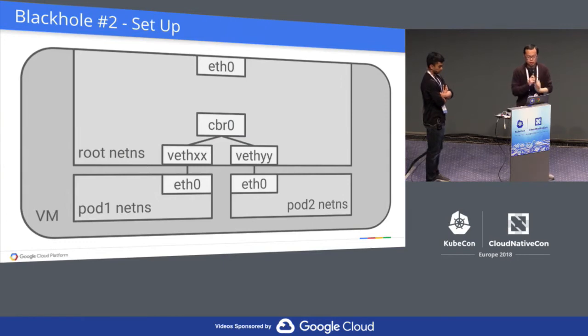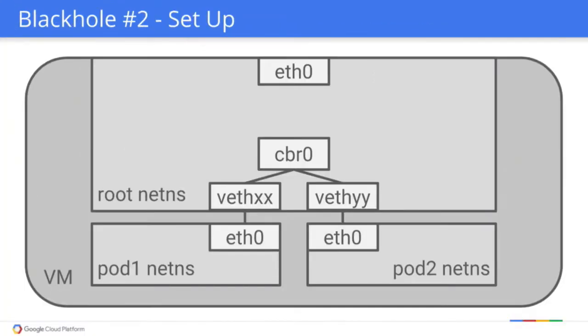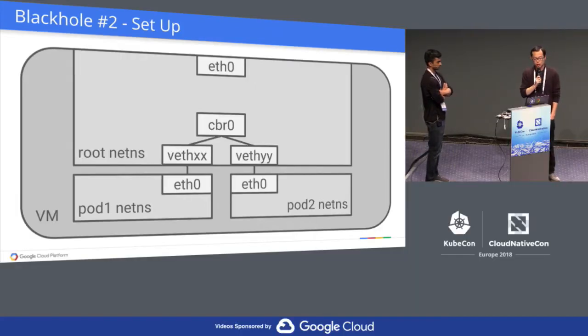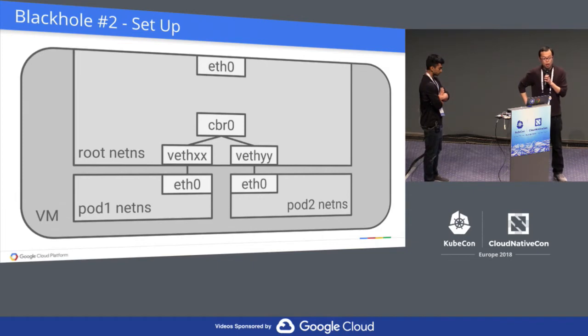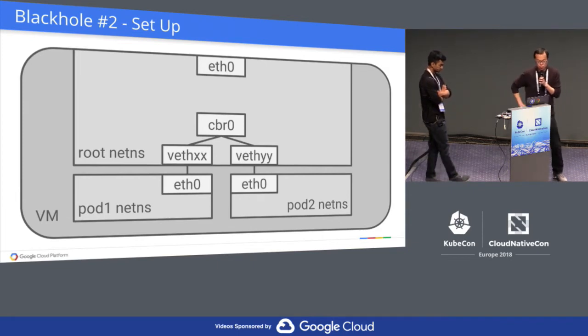So this is a typical pod networking setup on a VM. You have a big gray rectangle to represent a VM, and inside this VM we have multiple network namespaces. You have a root namespace which contains the eth0 that connects the VM to the network fabric, and the cbr0, which is the container bridge, is also in this root namespace. And each pod gets a separate network namespace.